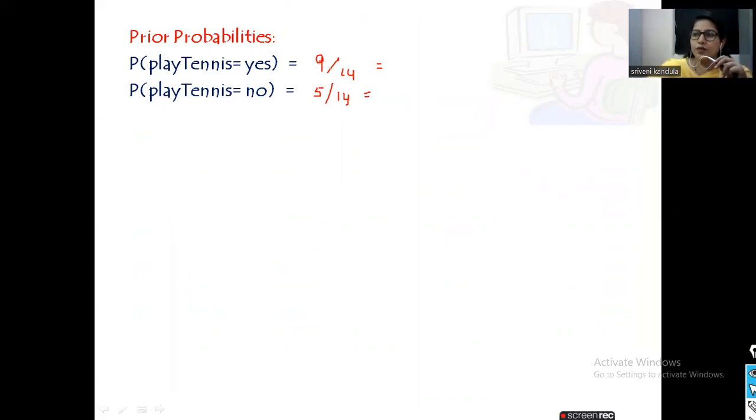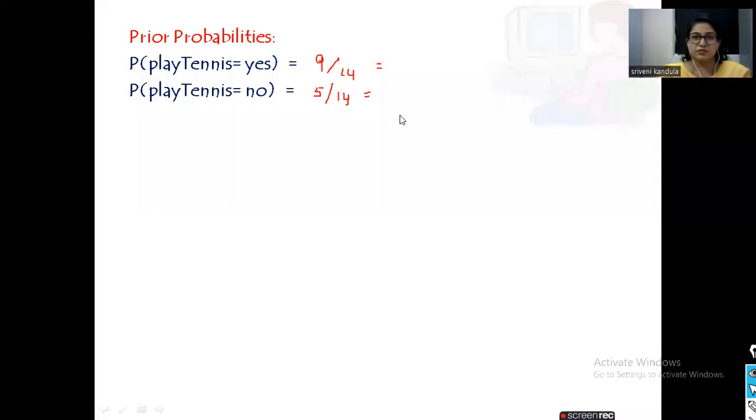One second, let me give you the simplified values also. If you simplify these values, 9 by 14 is giving you a value of 0.64 and 5 by 14 is giving you a value of 0.36.